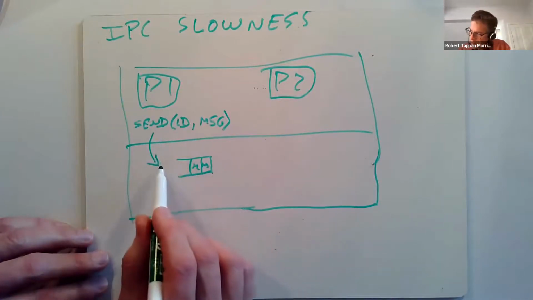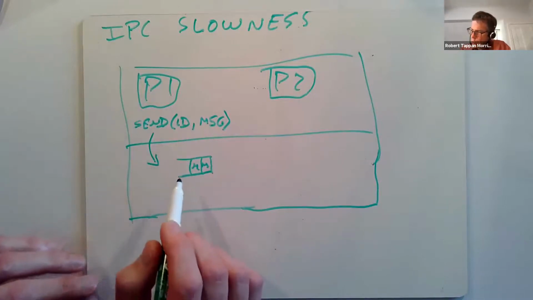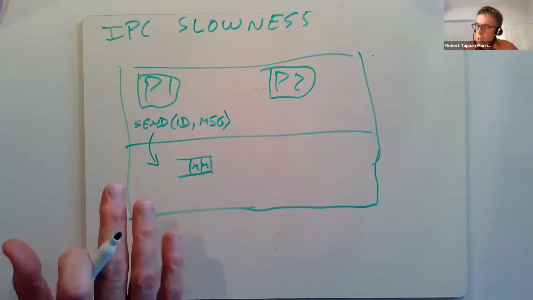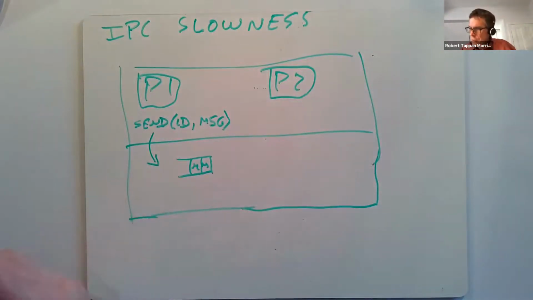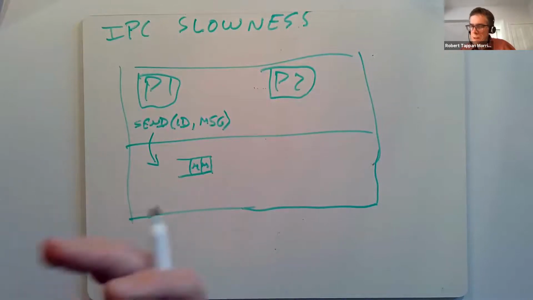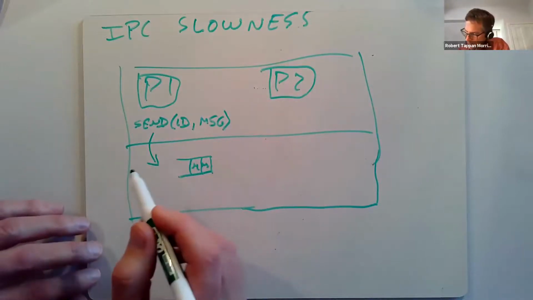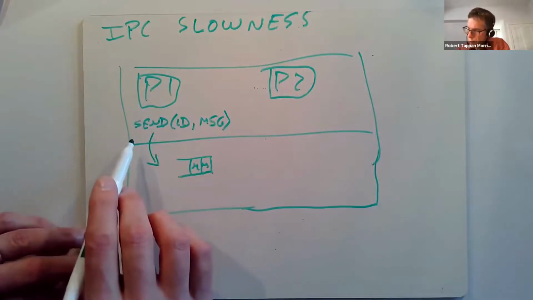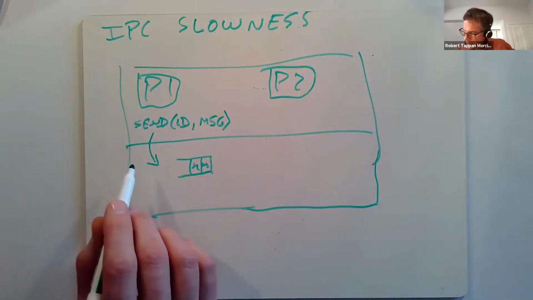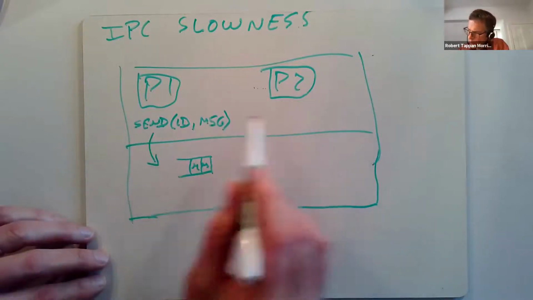And when you call send, it appends your message to this buffer, waiting for P2 to receive it. Now, in fact, almost always in these systems, you rarely just wanted to send a message. You almost always wanted to get a response too. You wanted an RPC, or remote procedure call operation. So in fact, P1 would probably follow this immediately by a receive to try to get the response back. But in general, let's just imagine we're doing a one-way IPC for the moment.